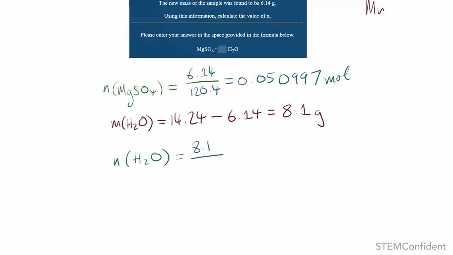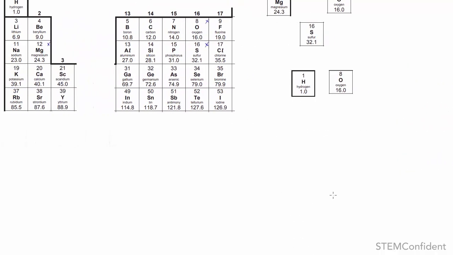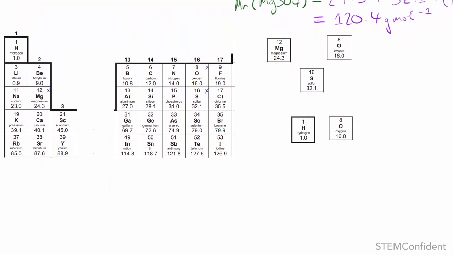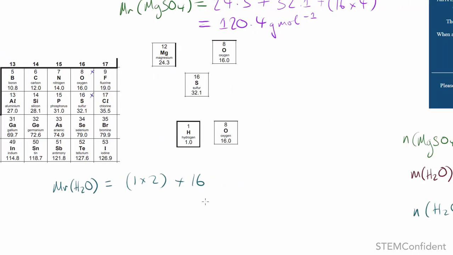You may know the molar mass of H2O, but in any case, if you look at the periodic table, H2O is 1 times 2, the relative atomic mass of hydrogen times 2, plus 16, which is equal to 18. That's the molar mass Mr of H2O, in grams per mole.